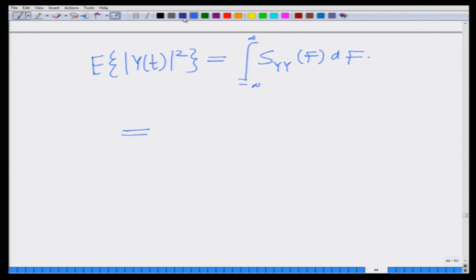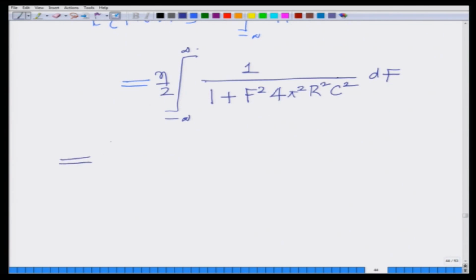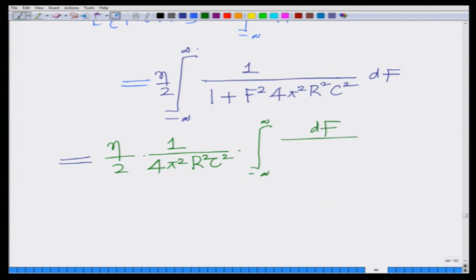What is this equal to? This is equal to the integral from minus infinity to infinity, eta by 2 is a constant, so that comes outside, of 1 over 1 plus f square 4 pi square R square C square times df, that is the integral of the power spectral density over the limits minus infinity to infinity, which I can write as eta by 2 times 1 over 4 pi square R square C square, integral from minus infinity to infinity of df over f square plus 1 over 4 pi square R square C square.